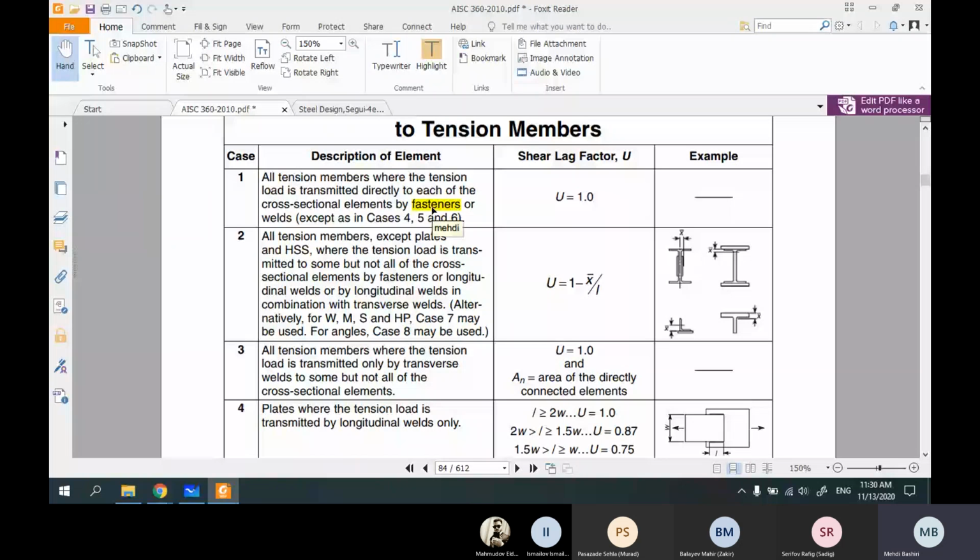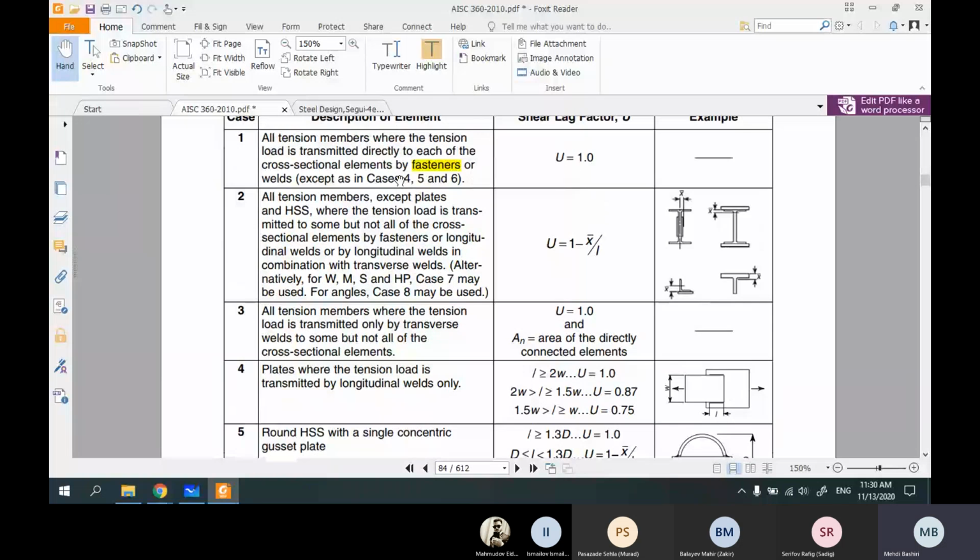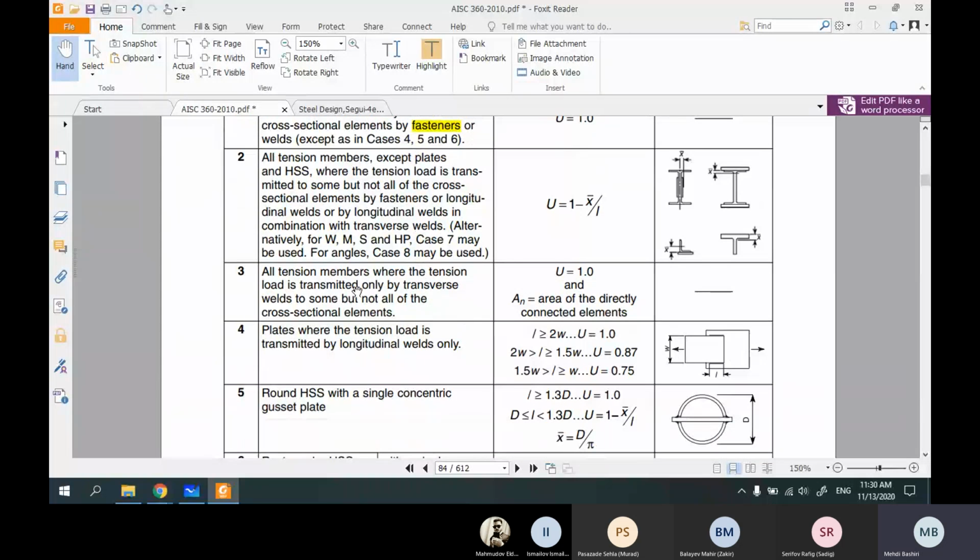Bolt, like this. So when you have a weld connection like this, you can't use this part. For welded connections, you should use these items, welds.